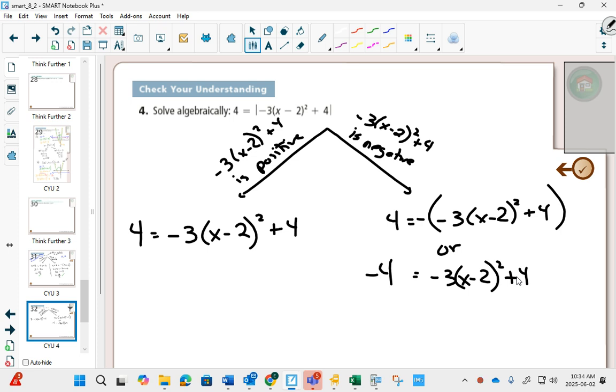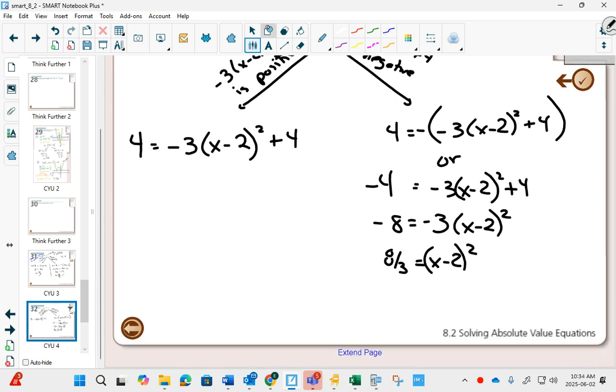Now, if I was solving this equation, it looks like the completing the square method for solving would be the easiest because the square is already completed. How do you solve something with a square where the square is already completed? Move everything over to one side. So I move my 4 over. And then I'm going to divide by -3 to get what I have squared all by itself.